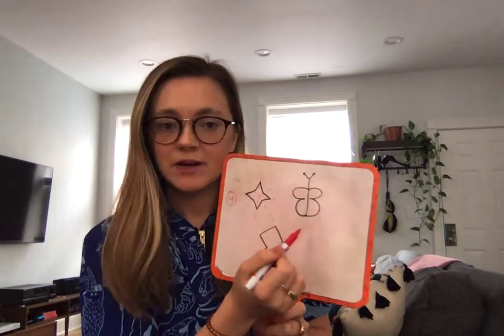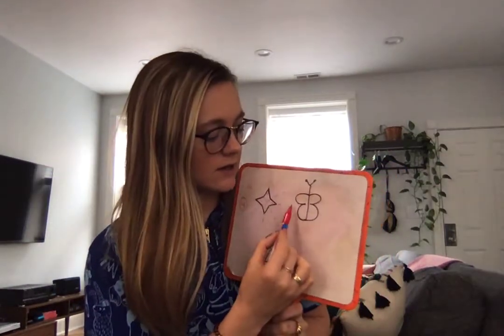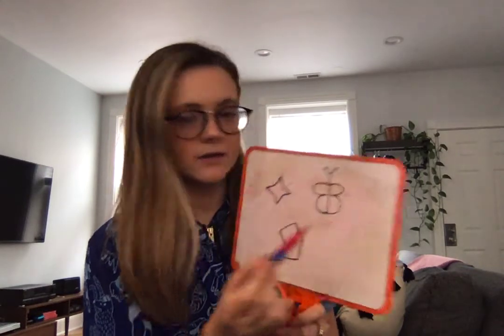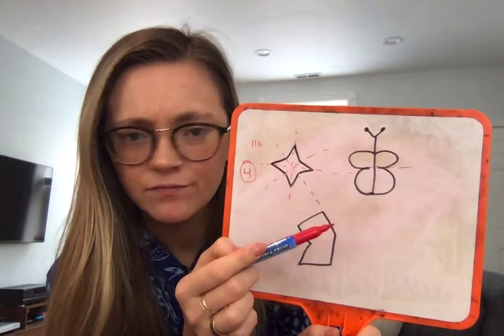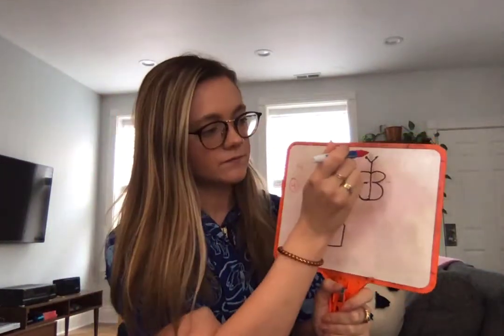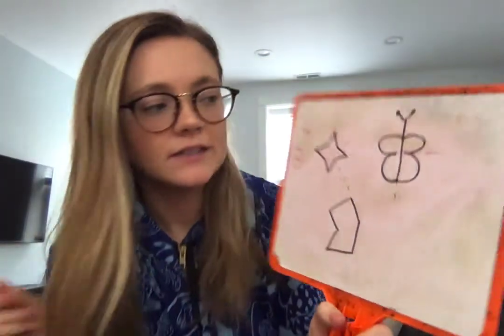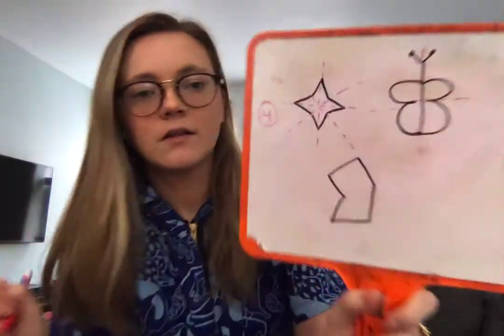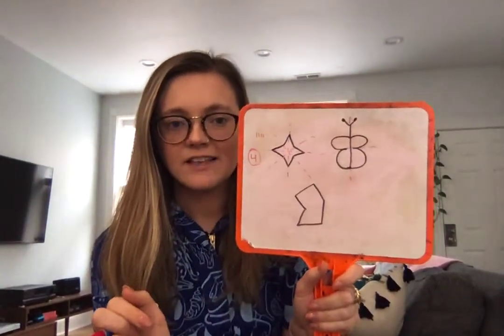The next one is this butterfly that I drew. I'm going to start with horizontal. If I cut it across here, does it look exactly the same on top as on bottom if I folded it over? No. I'm going to try now to do vertical. If I go right down the center and I were to fold it over, would it fold right on itself?